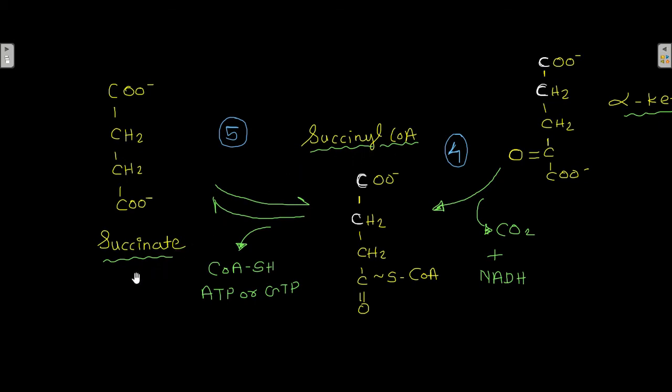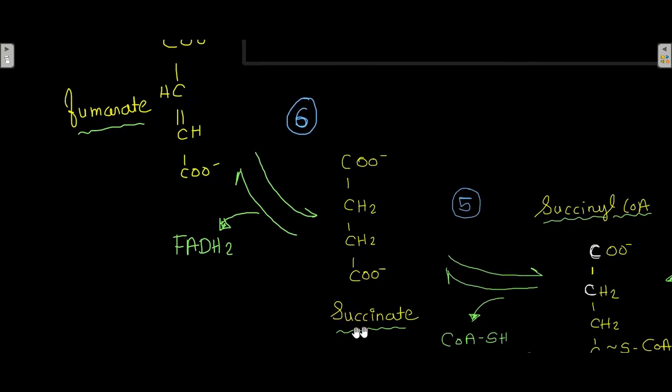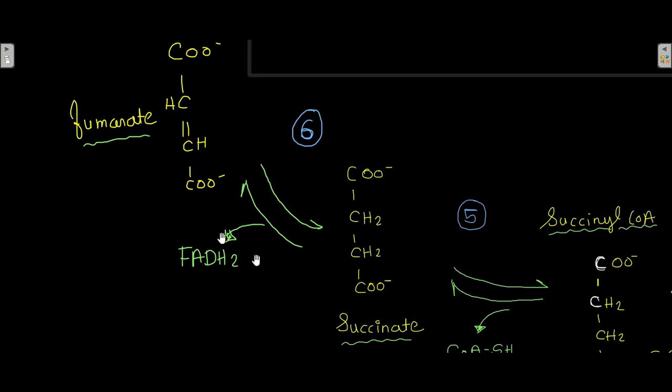succinate. Now in the sixth step, this succinate is converted into fumarate, and in the process FADH2 is released.